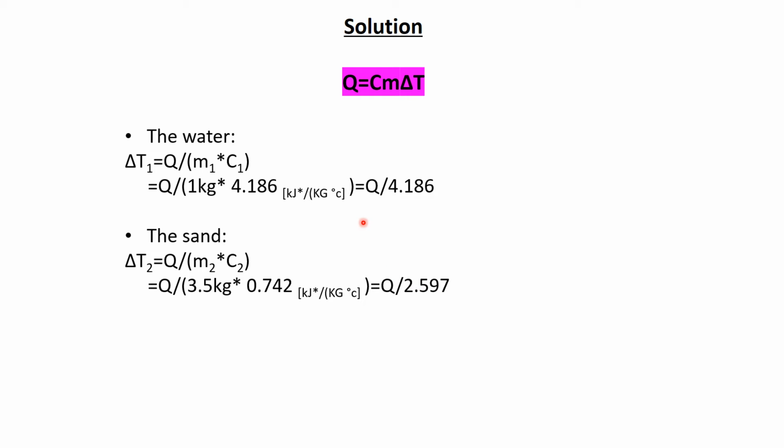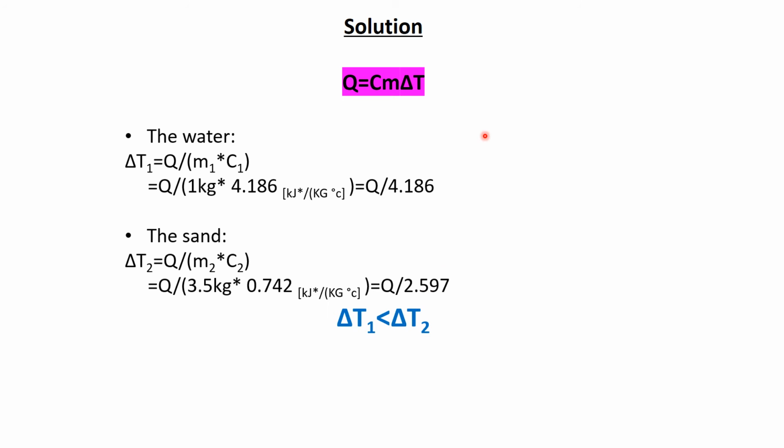And we don't know what Q of the water is and what Q of the sand is, but we are told that they are both heated by the same heater, which means the Q invested in warming the sand and in warming the water is the same. So Q here and Q here are equal, and that's why it's obvious that ΔT1 is smaller than ΔT2.